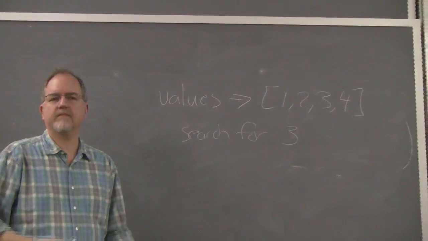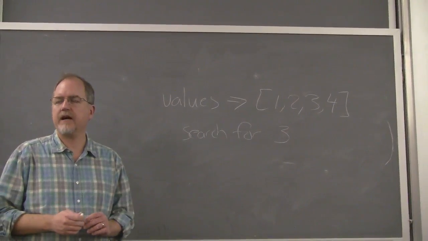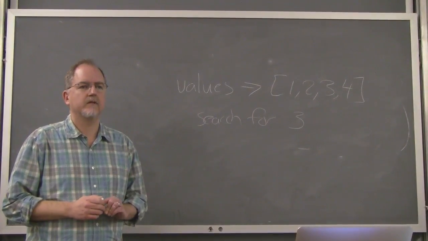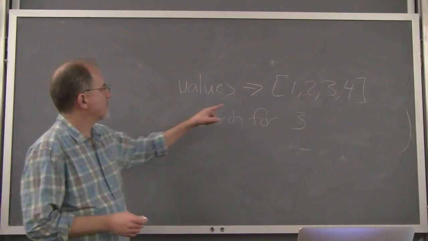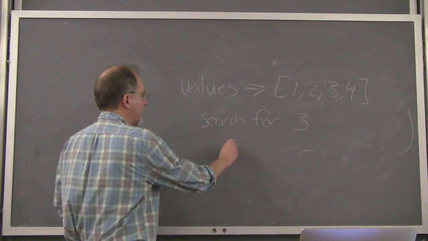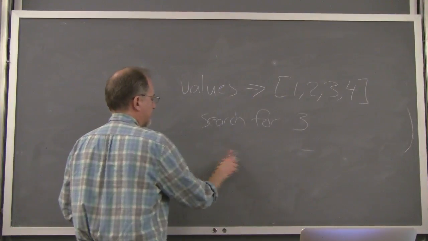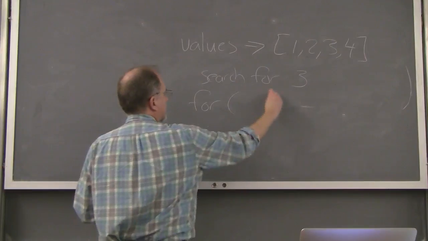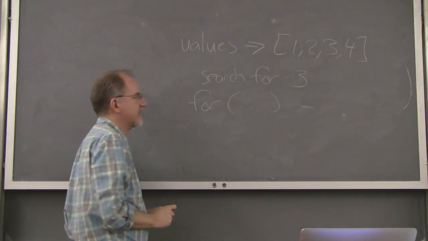What's the basic pattern? This is a pattern we've seen, right? How would I write code that does this? What kind of constructs would I use? A for loop. I'm going to loop over each index in this array. I'm going to pull out an index.